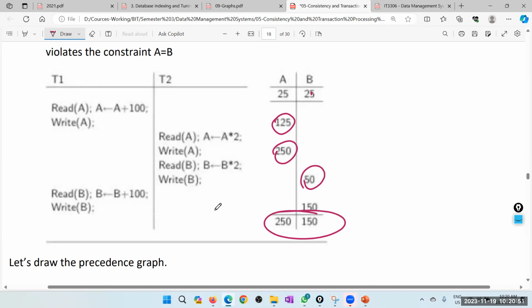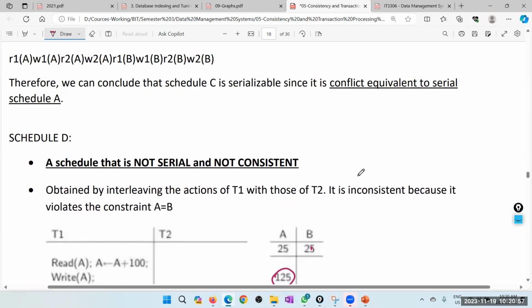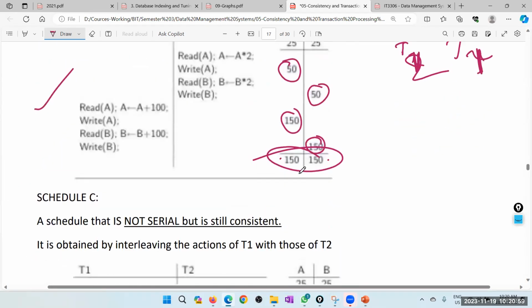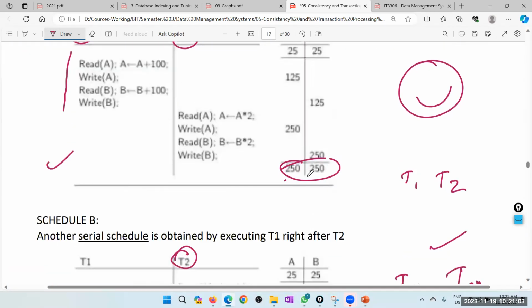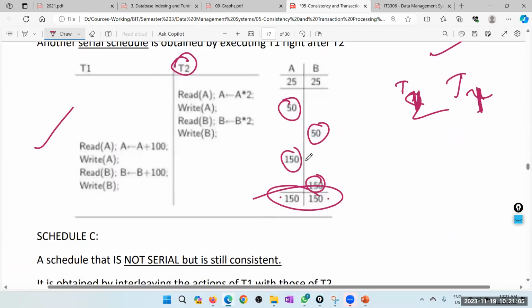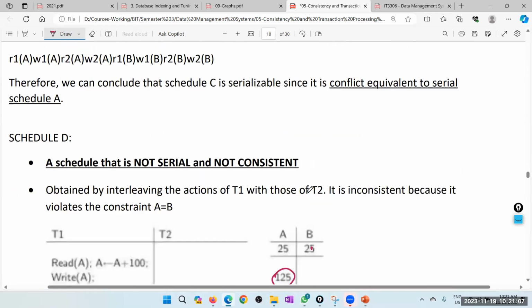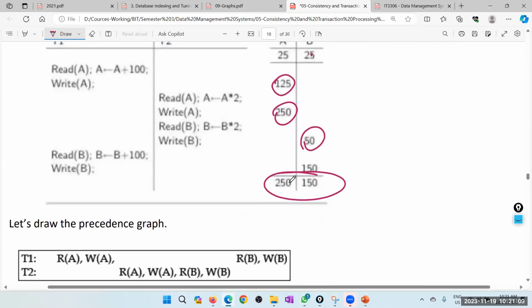And you can see clearly that this is not equivalent to serial schedule 1 or serial schedule 2, because 250, 150 is not the same. Here it's 150, 150. Here it is 250, 250. So definitely this is not equivalent to one of the serial schedules.